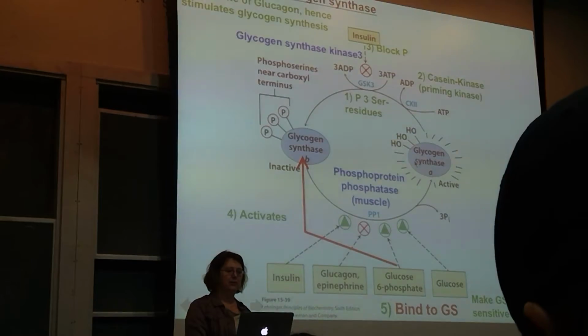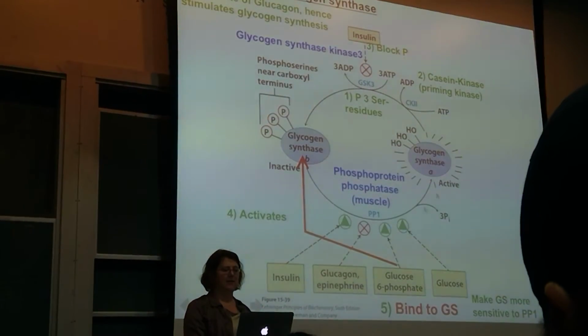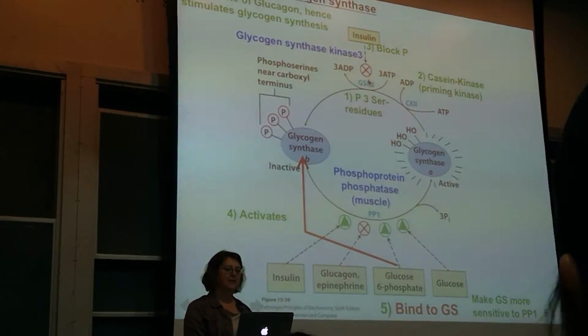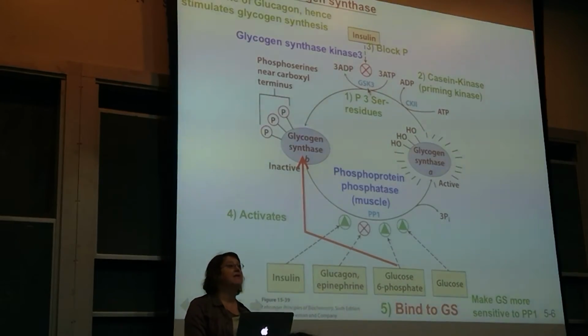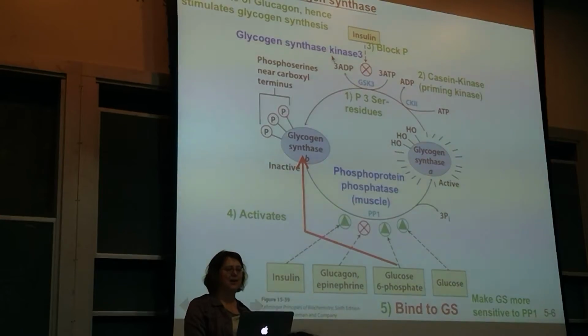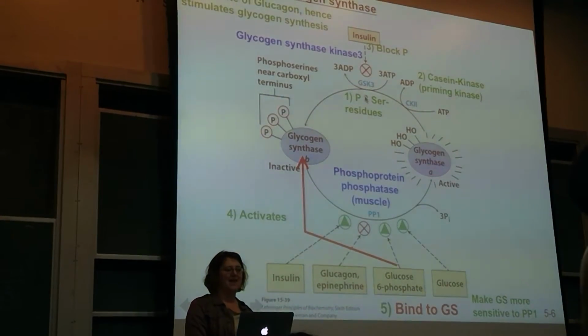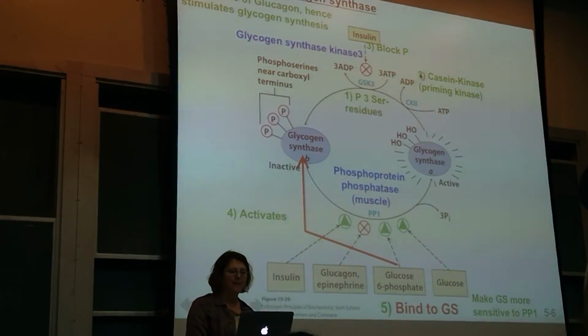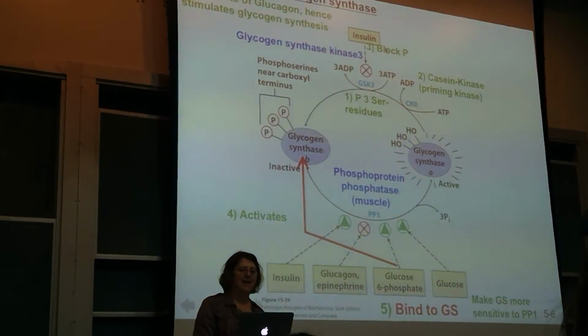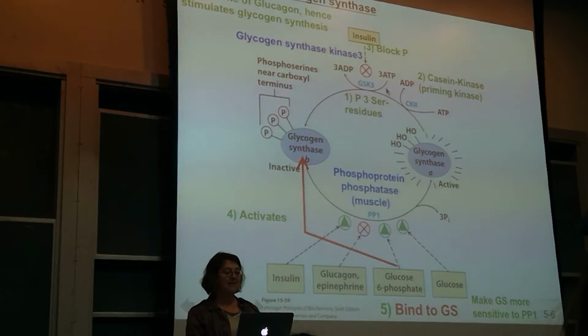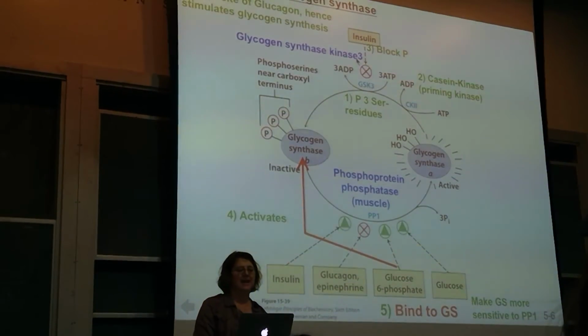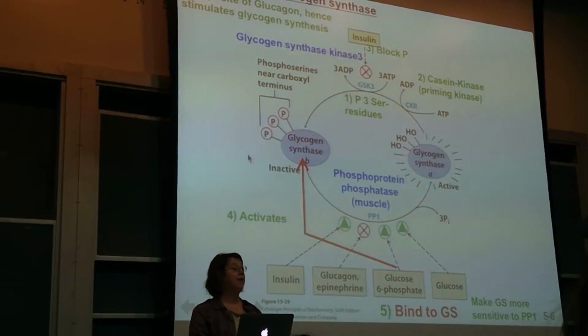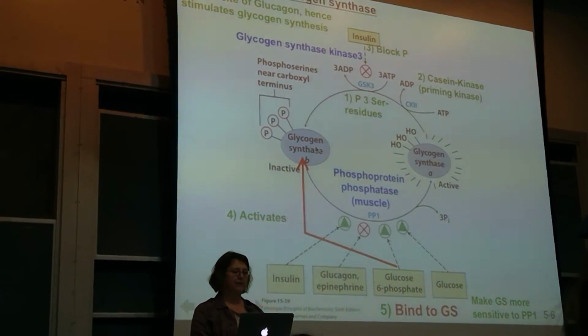So the way it's controlled, there are a number of ways, I should say. So first of all, it can be controlled by this enzyme, GSK3, glycogen synthase kinase 3. And that's kind of unusual. It has to be primed by this casein kinase, and then it also can be blocked by insulin, but if it's primed and active, then it can add on these phosphate groups to the enzyme, right?